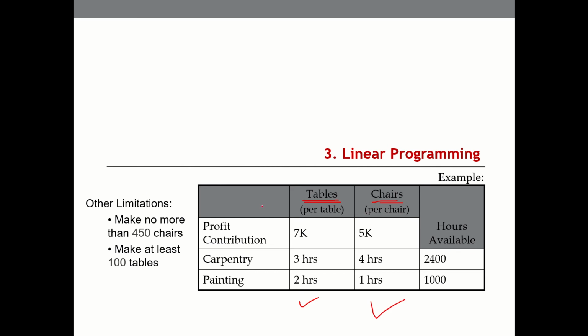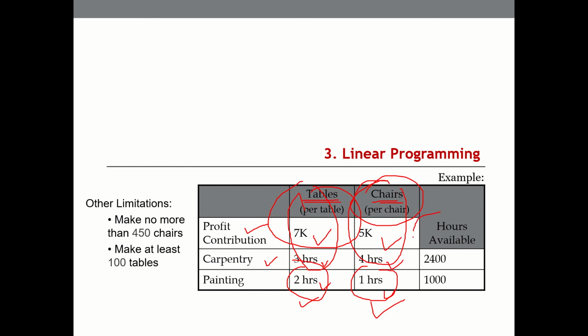So how do we understand this profit contribution? If you make tables, we get 7,000, and if you make a chair, we get 5,000. And how much time is involved? Carpentry work requires 3 hours for making a table, and for a chair we need 4 hours. Painting requires 2 hours for a table, whereas a chair requires 1 hour of painting work.